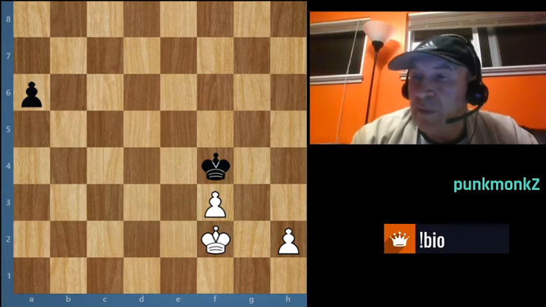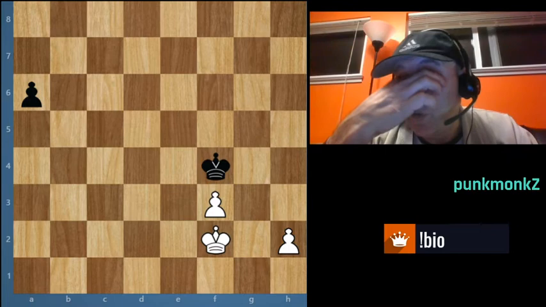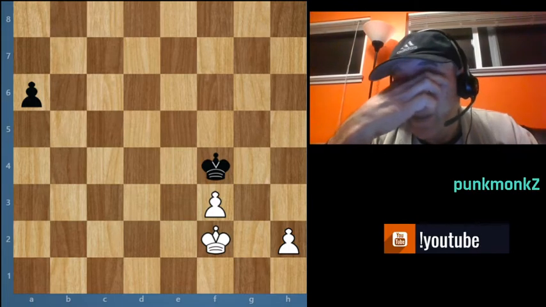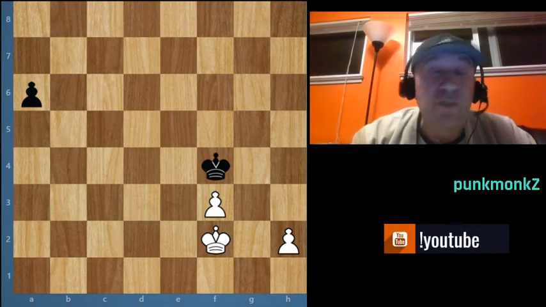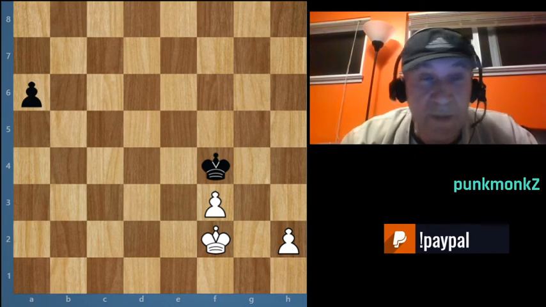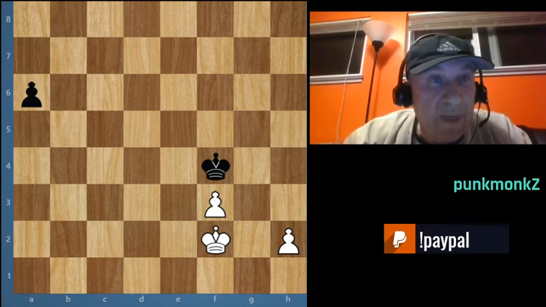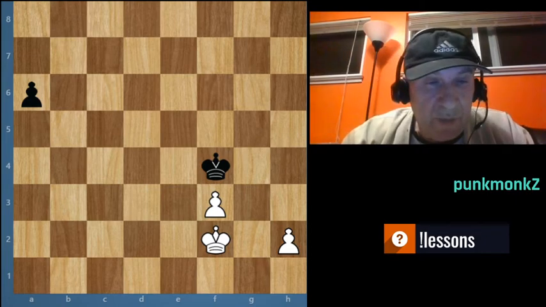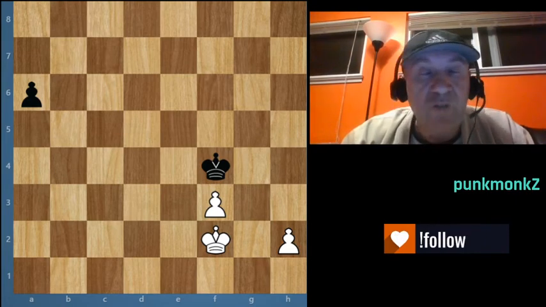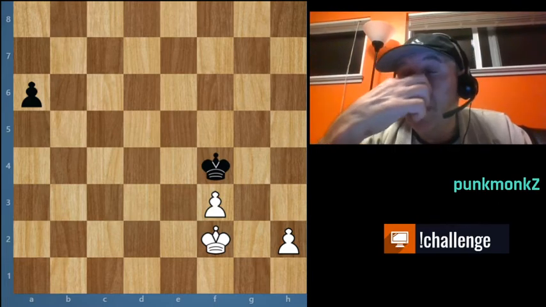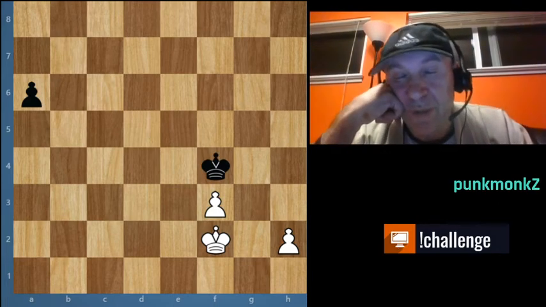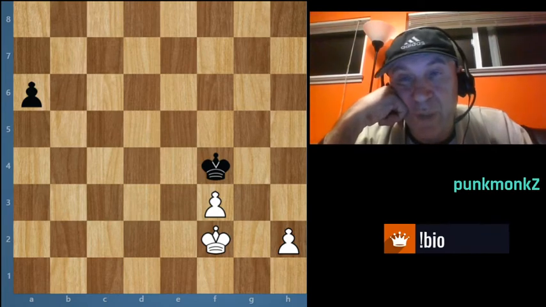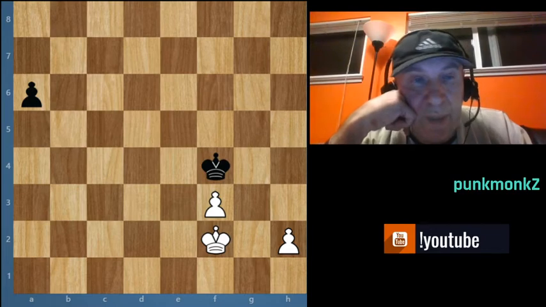What I'm talking about is: are there situations where there's a better way to solve a position than calculating? And the answer is yes. Today's part one of doing shortcuts in calculation, and I'm trying to demonstrate that there are situations where it is quicker and more efficient to find a solution without calculating, by knowing certain patterns and certain methods.